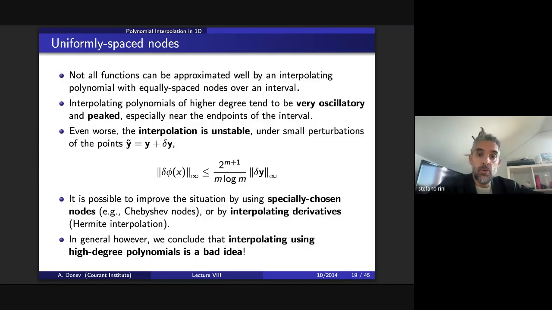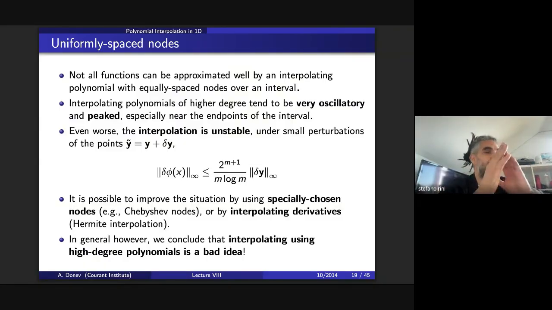So the interpolation polynomials, as the degree goes higher, they tend to have oscillatory behavior and have very high peaks. And this is especially true if we move away from 0, okay? So you understand that a polynomial has small values around 0 because all the polynomials have to shrink down to 0.